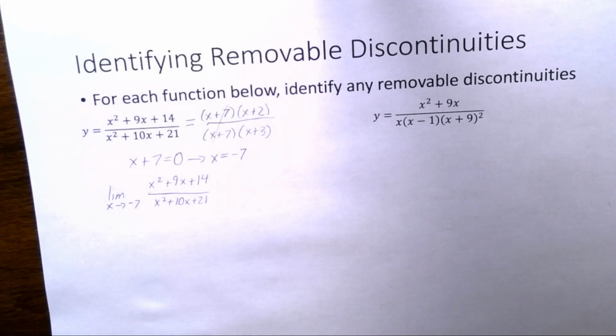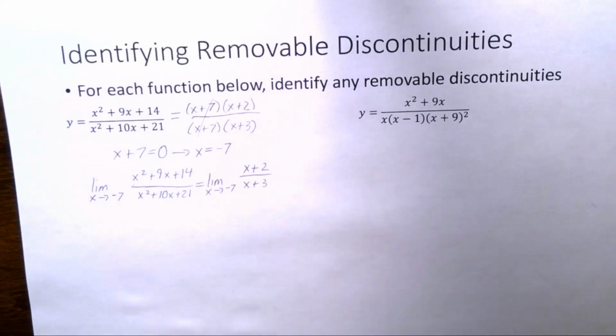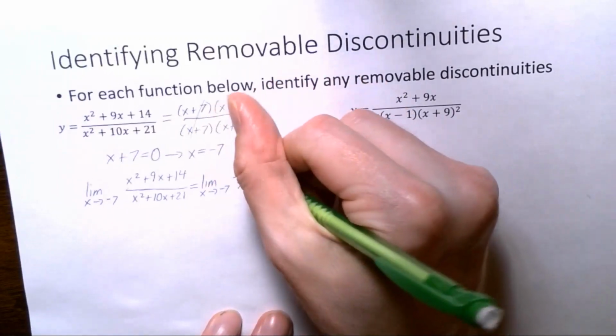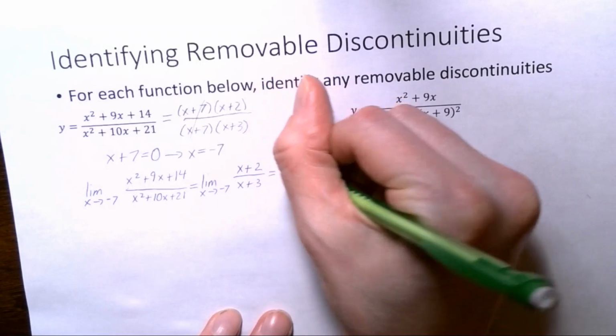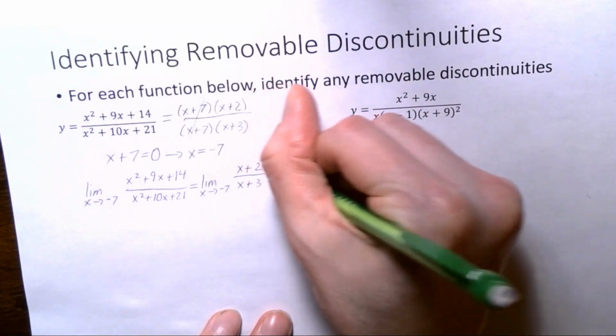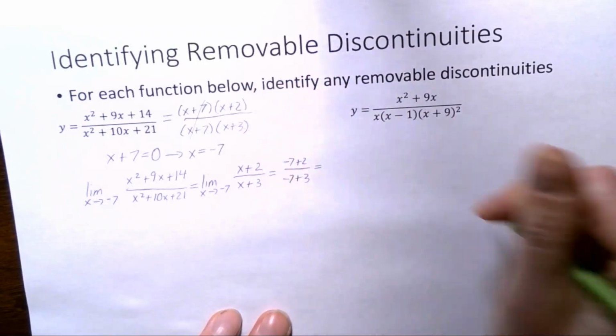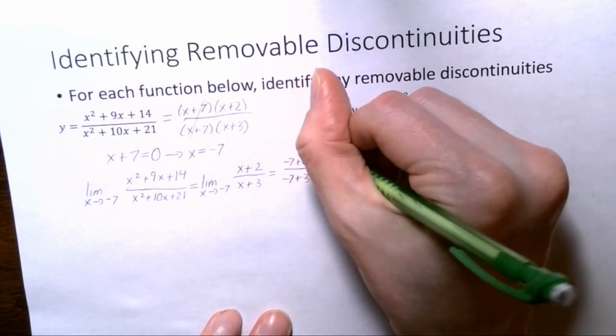Taking this limit, similar to what we did previously, we're going to factor the top and bottom and simplify prior to plugging in negative 7. Once we have factored and simplified, we'll plug in negative 7 to the reduced expression, which gives us negative 5 over negative 4.